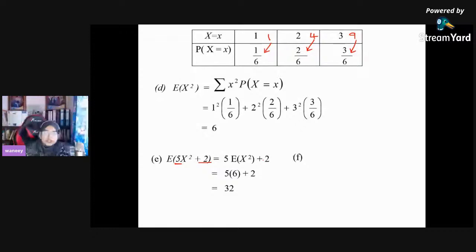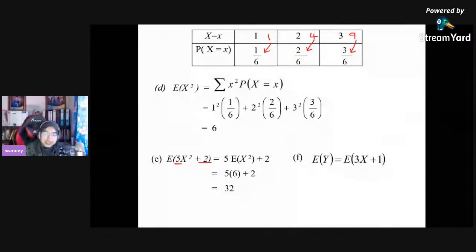Okay, so expectation of y, if y is equal to 3x plus 1, so I simply substitute y with 3x plus 1. So expectation of y will become expectation of 3x plus 1. And of course, you can use the properties for them. You have a 3 in front of the x here, so you can actually factorize out the 3.